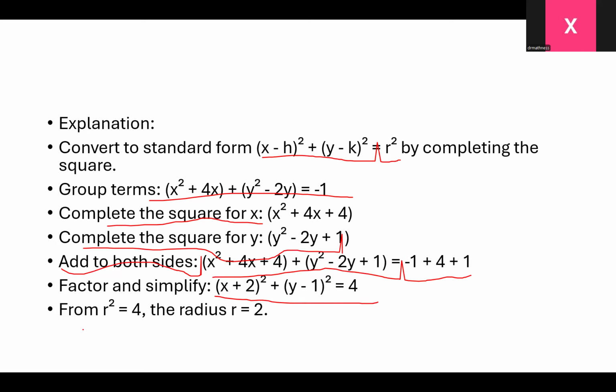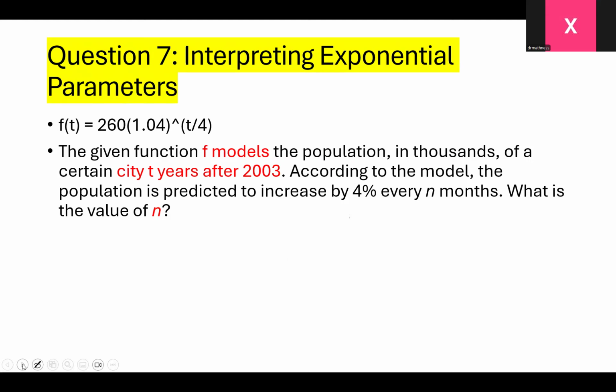So we know that r squared equals 4, so the radius should be positive 2, right? So the most important thing to remember is the standard form of the circle, and also we need to convert our equation to the standard form to get the radius.